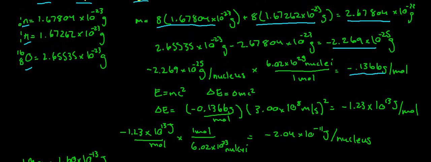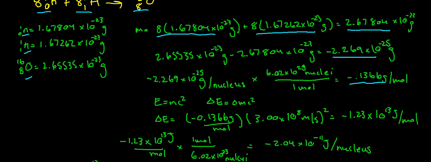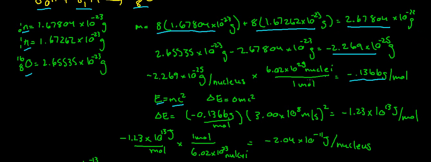Now, to understand why it has less mass, we need to look at Albert Einstein's relativity, where it says that energy is equal to mass times the speed of light squared. So a change in energy means a change in mass, because the speed of light is constant.